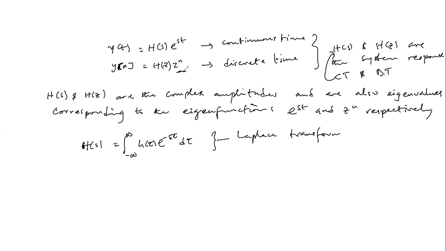Now, in a similar vein, since z to the n is a complex exponential sequence, for the discrete time system, I have y of n to be the same as the sum for k taking values from negative infinity to infinity of h of k x of n minus k.